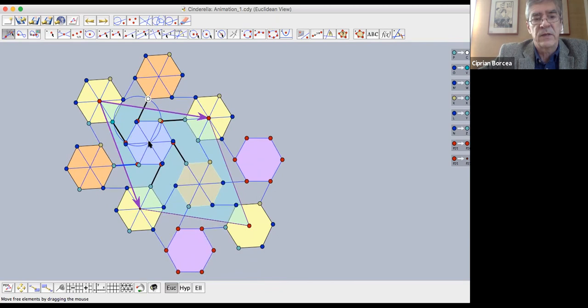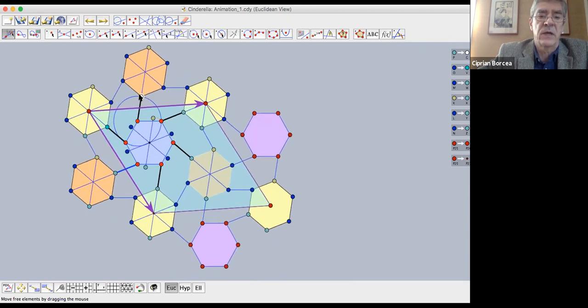you have at the center illustrated the relative position of the linked hexagon with respect to the fixed central hexagon.